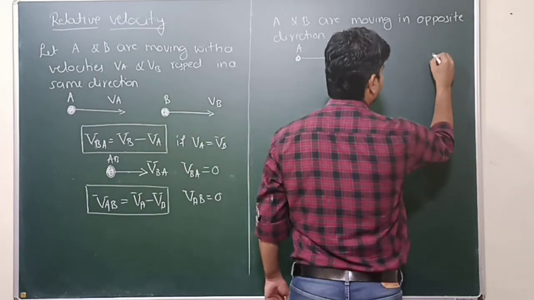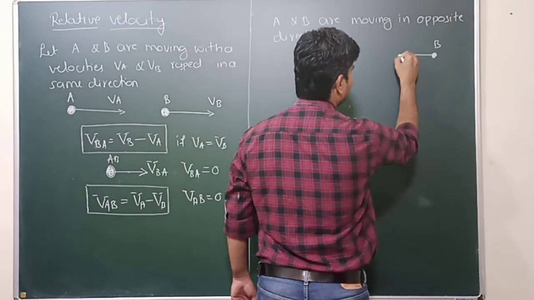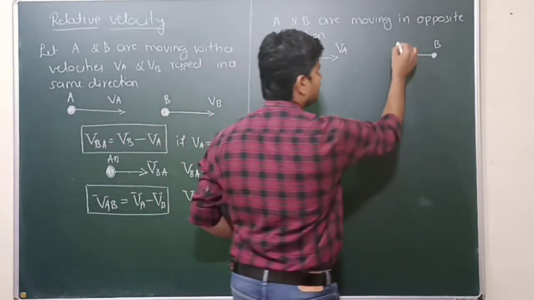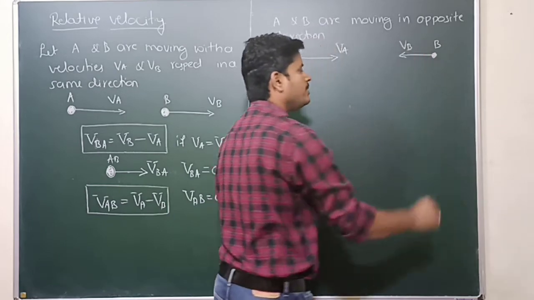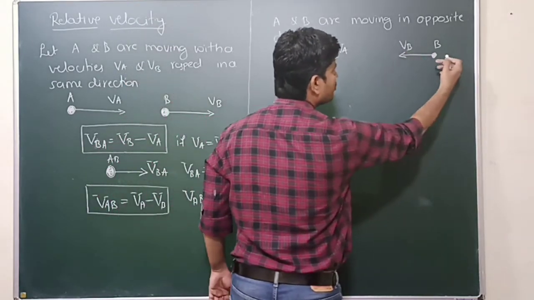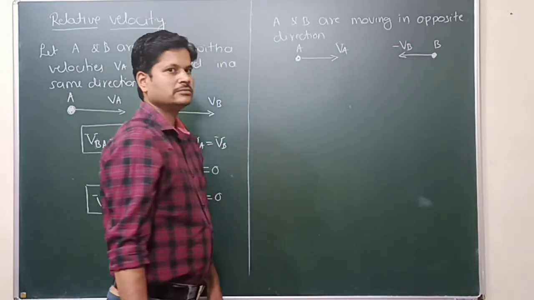And object B is moving opposite to the direction of A with a velocity VB, correct? Now see here, it is moving in the negative x-axis, therefore it must be negative.